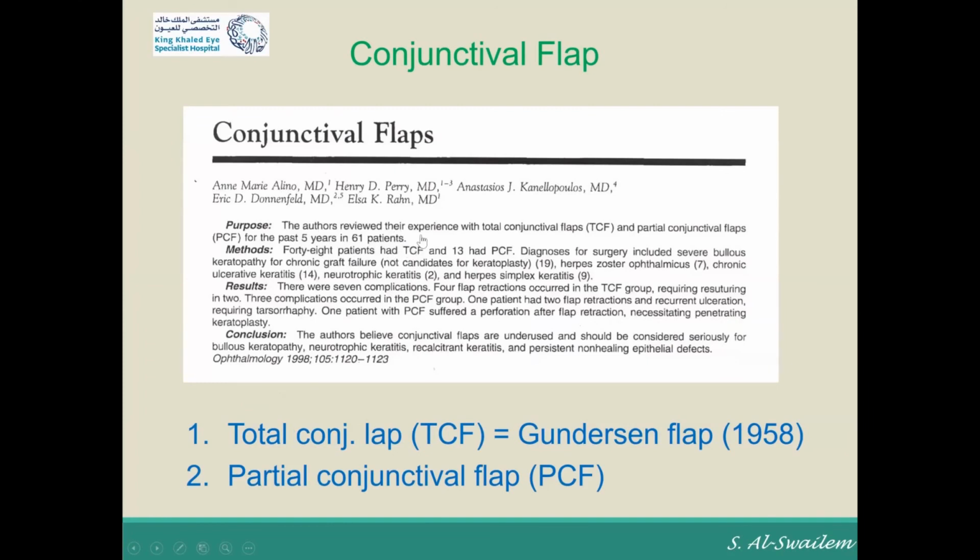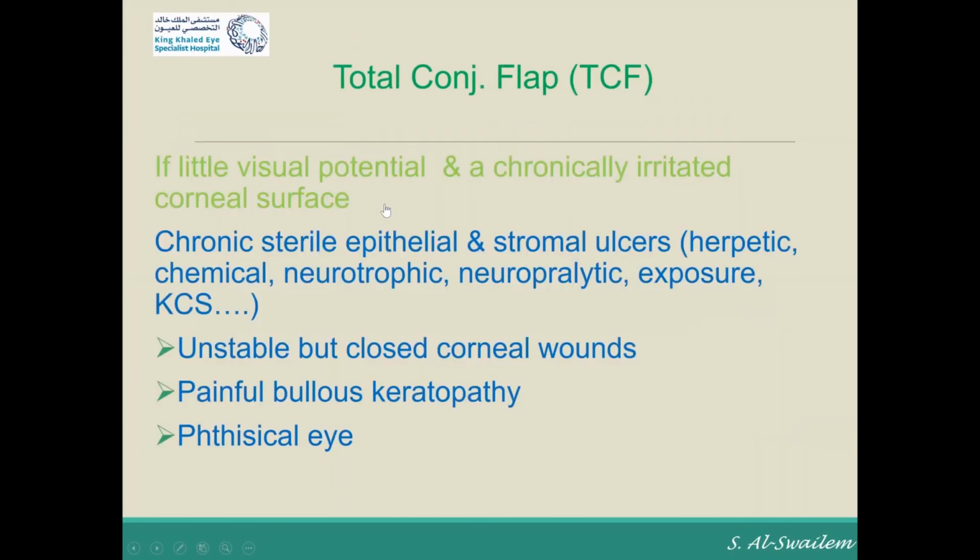And this is the popular article described by the Harvard group, where they describe all their outcomes of the total conj flap. So which patients are we going to do this procedure on, and which patients will benefit from it?